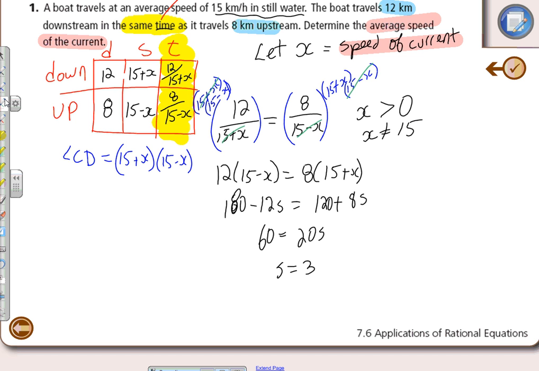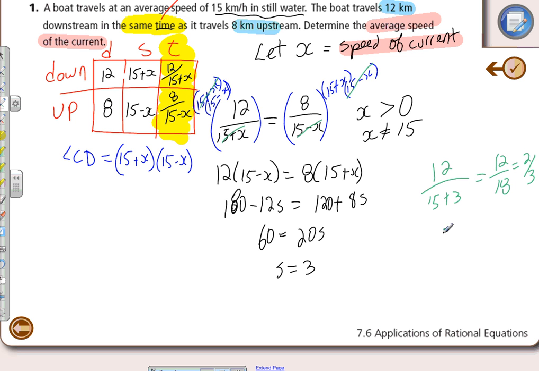Let's go back to the information and make sure that it works. Your time was 12 over 15 plus 3, so 12 over 18, which is actually 2/3.